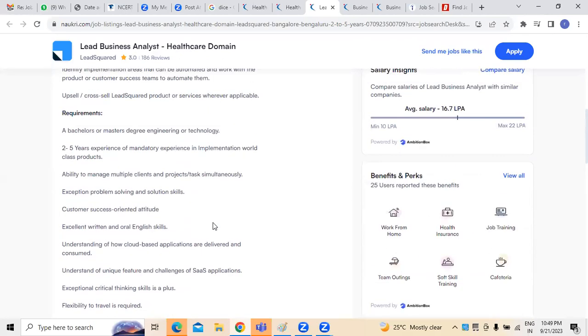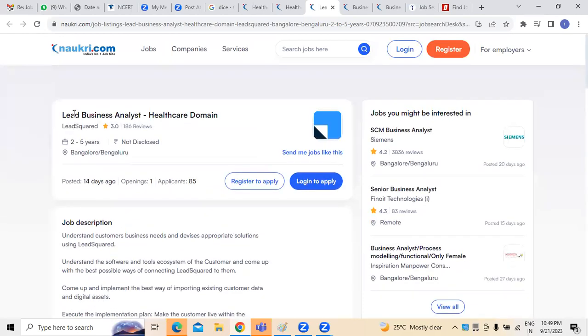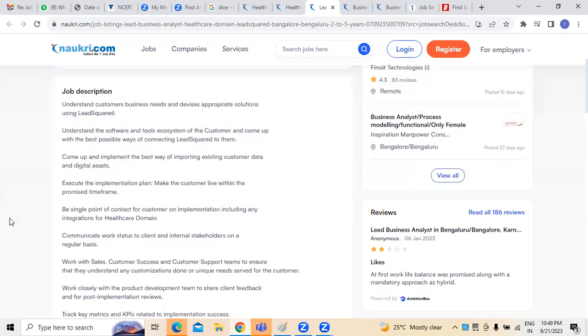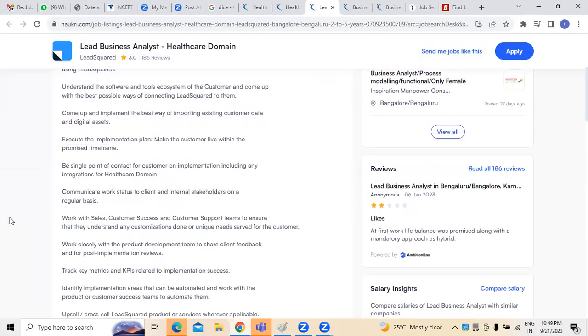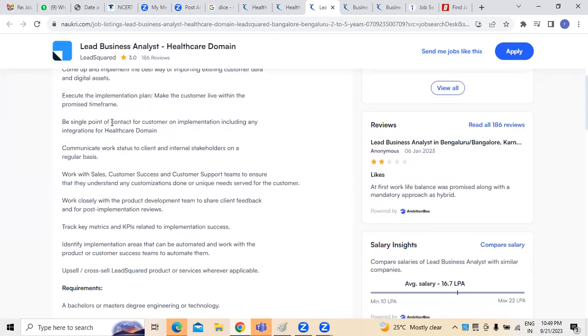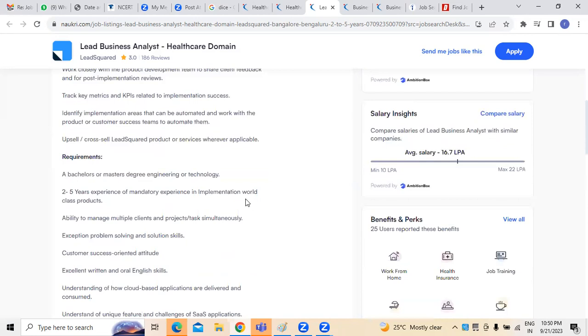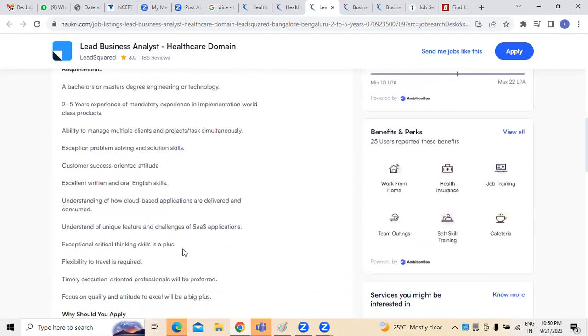Here they have mentioned a lead business analyst in the healthcare domain, but none of the healthcare information was mentioned, except this single point: single point of contact for the customers implementing, including any integrations for the healthcare domain. In the healthcare domain, what areas to be focused on was not mentioned, because they require a business analyst, but not in depth. Their main focus is on these areas.